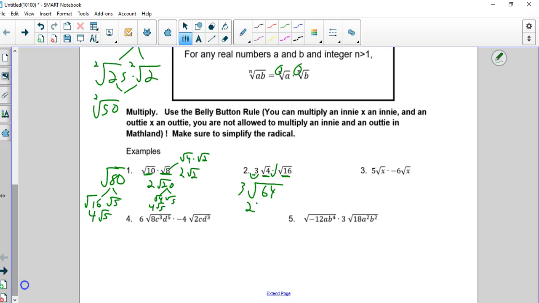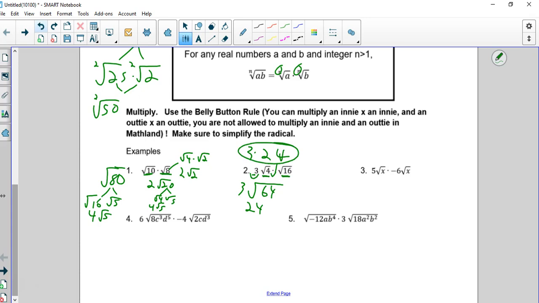So 8 times 3 is 24. Now some of you may have noticed, wait a minute, why not simplify radical 4 to 2 and radical 16 to 4, and you could do that because those were perfect squares. So this would have been quicker in this circumstance.